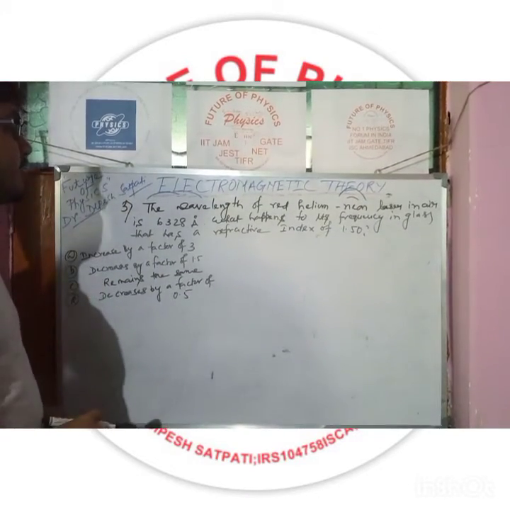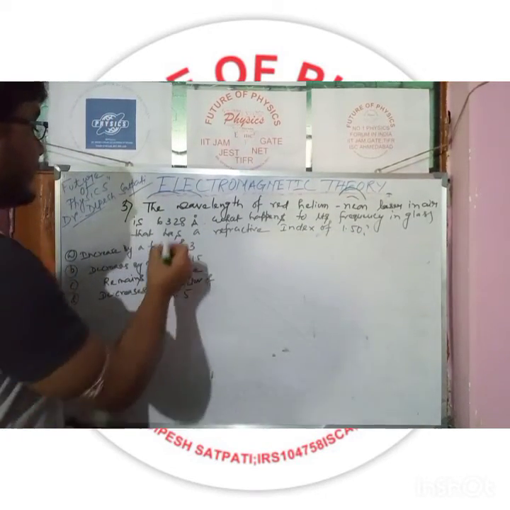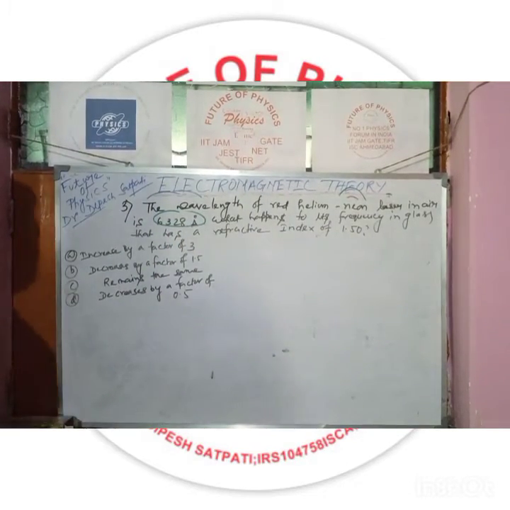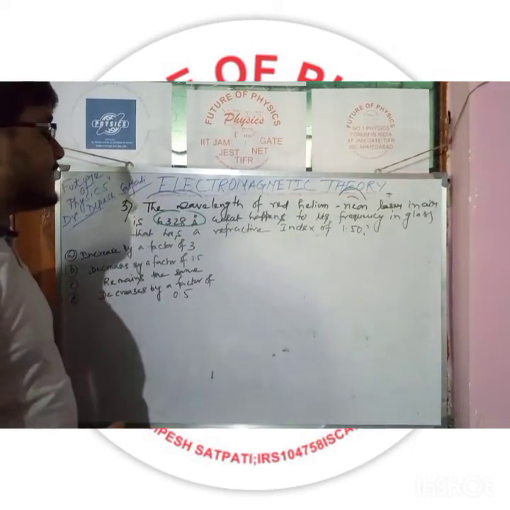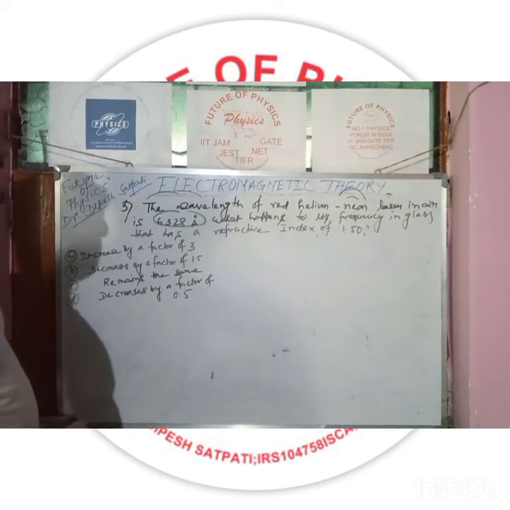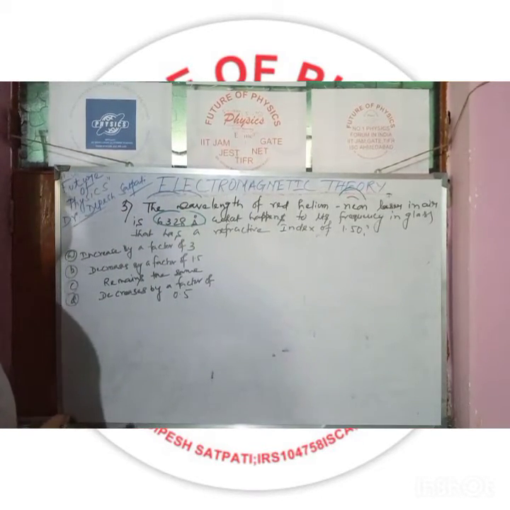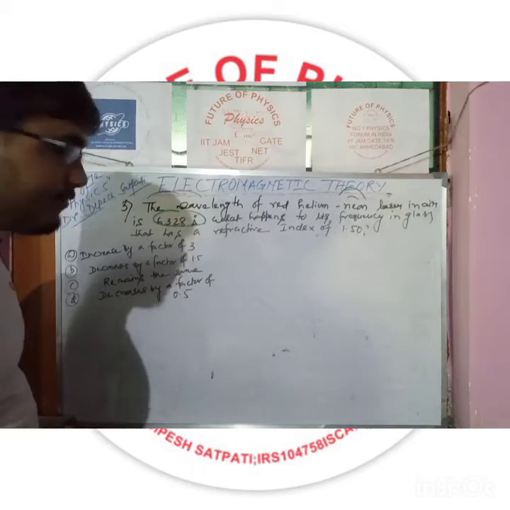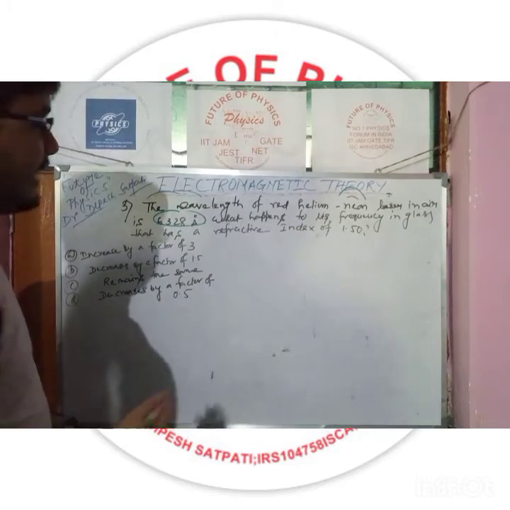Now students, the third question. The wavelength of a red helium neon laser in air is 6328 angstrom. What happens to its frequency in glass that has a refractive index of 1.50? Option A, increases by a factor of 3; option B, decreases by a factor of 1.5; option C, remains the same; option D, decreases by a factor of 0.5.